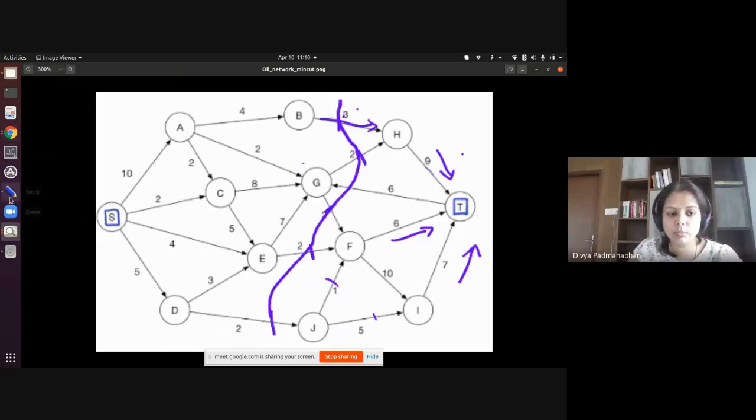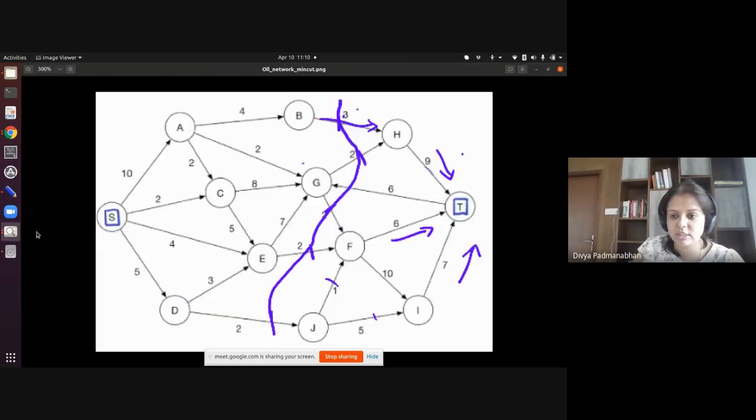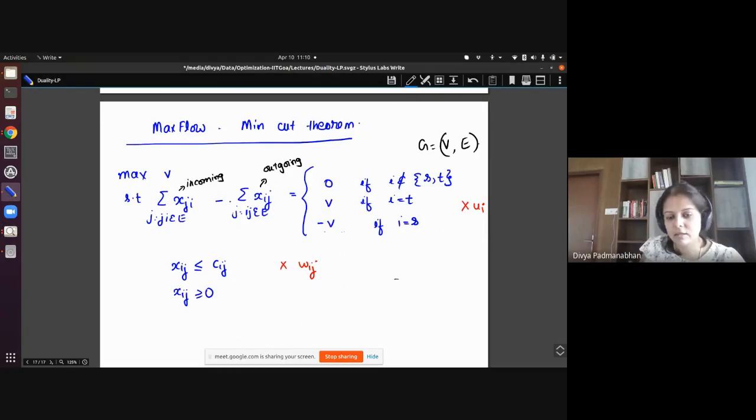So the difference between the incoming and outgoing is minus V for i equals S, because the summation of all the outgoing flow is V for S, and the negative of that is minus V. And for the terminal node, the sum of all the incoming arcs is exactly equal to V, and the usual assumption is that there is nothing outgoing from T. So that's why you have this kind of formulation, and you want to maximize V.